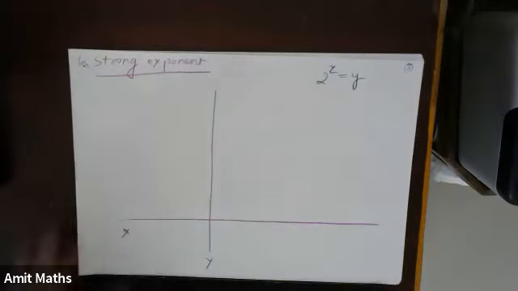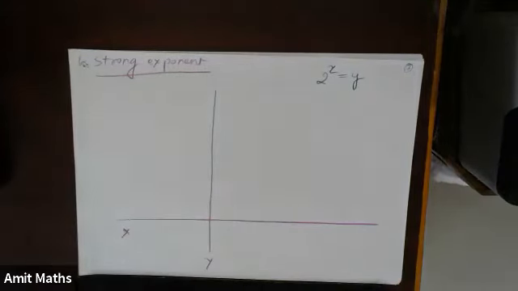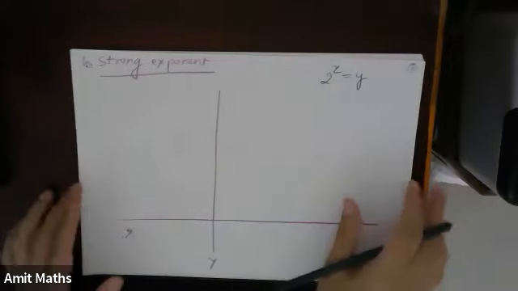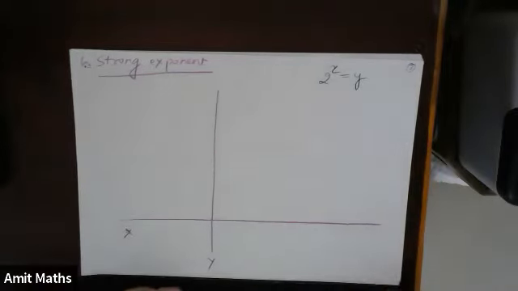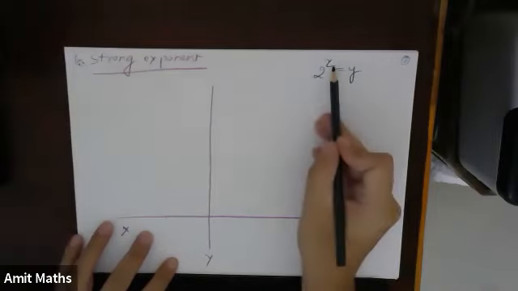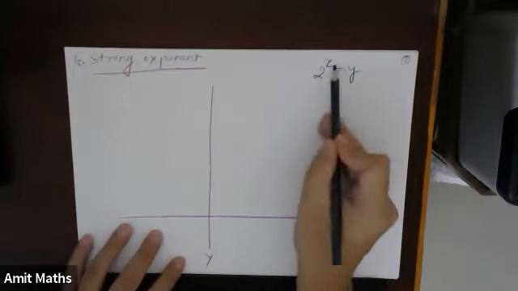The first point, I told you, is the easiest. Let's see what is happening at 0. When x is 0, what will be the value of y? 2 to the power 0 is 1.